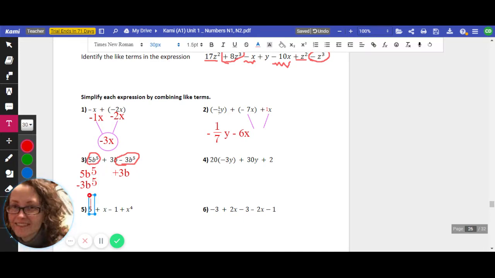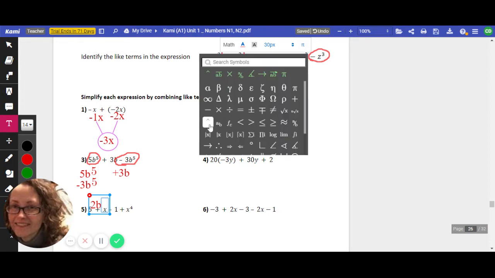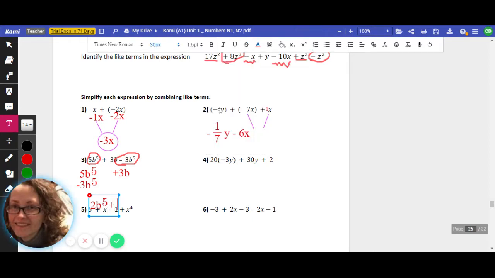So combining that 5b to the 5th minus 3b to the 5th is going to get me 2b to the 5th power plus 3b. I can't do anything with that 3b other than just bring it straight down.